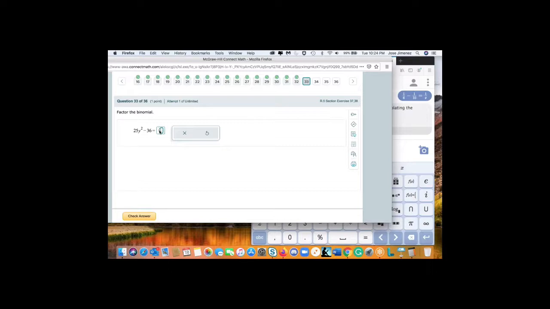That's the same idea where a squared minus b squared is equal to a plus b times a minus b. That's the idea. So we have 5y plus 6 plus the open parenthesis 5y minus 6 plus parenthesis. Yeah, the numbers repeat, one we plus, one we minus. That's all we do.